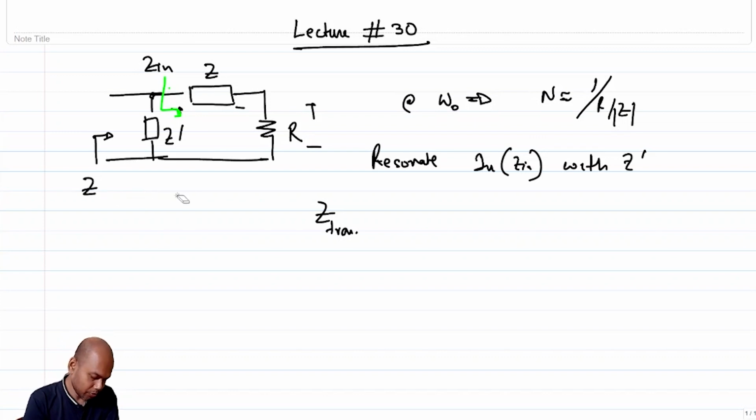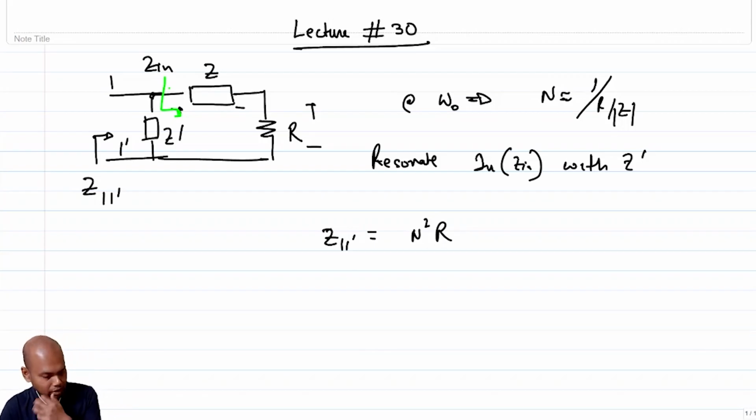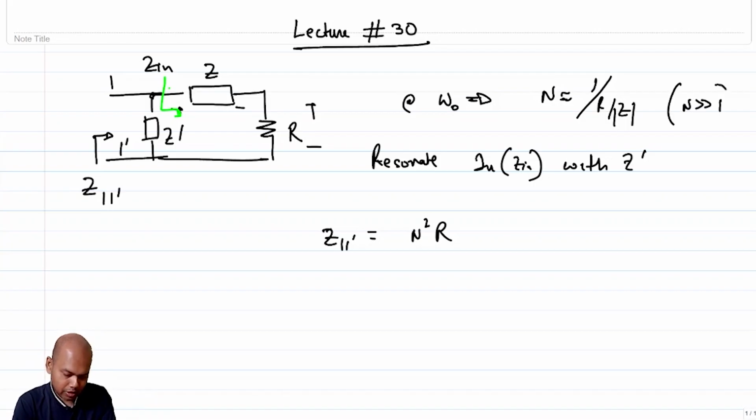Let me call this port 1 and port 2 just to remove the hassle. So Z 1 1 prime will be equal to N squared times R, if the above two conditions are satisfied. By the way, here the assumption is N is much greater than 1.